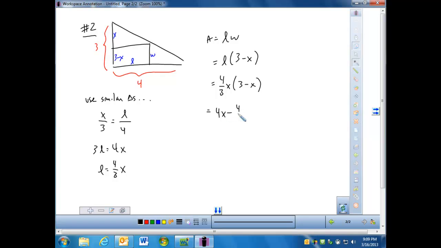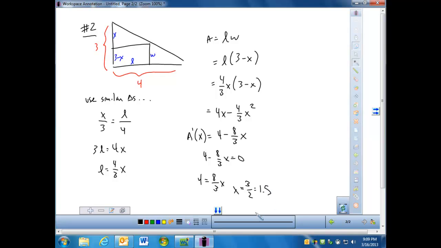I'm going to set that equal to 0 as I find the derivative of it. The derivative is 4 minus 8/3 x. Solving that for x, add it to the other side, multiply by the reciprocal, you get x is 3/2 or 1.5.